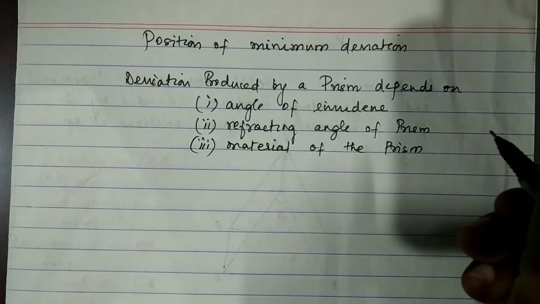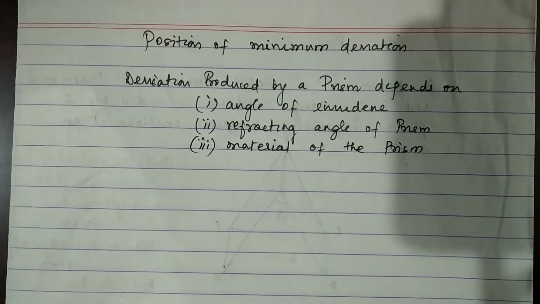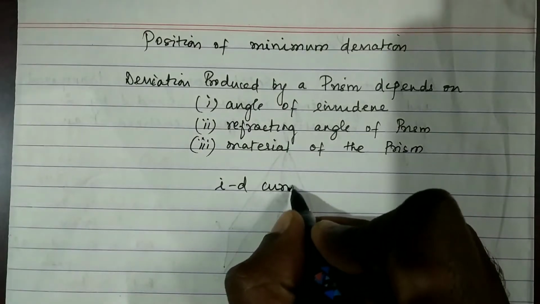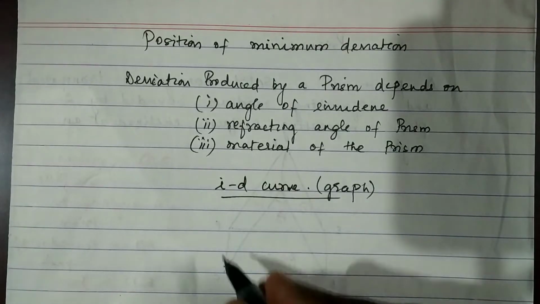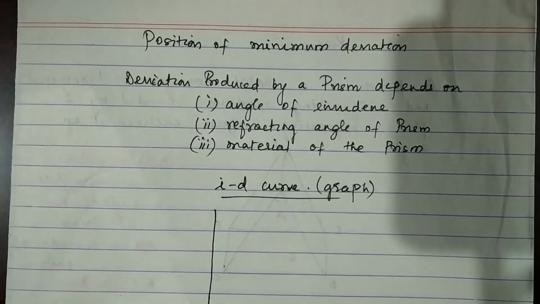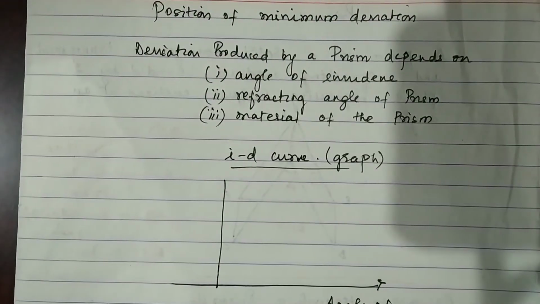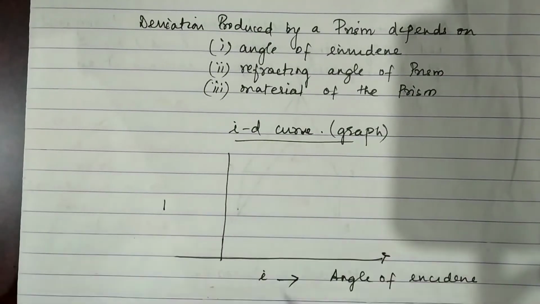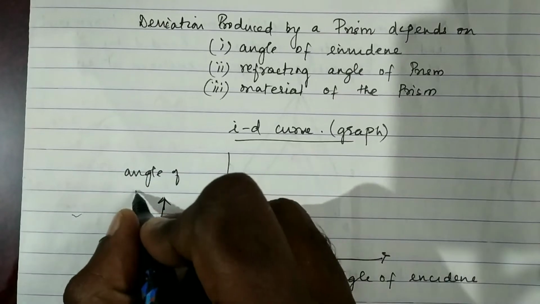See, one prism at any one angle of incidence will have the position of minimum deviation. So I am going to draw an I-D curve, we call it a graph also. I am drawing a graph along the x-axis, angle of incidence i, and along the y-axis, angle of deviation.